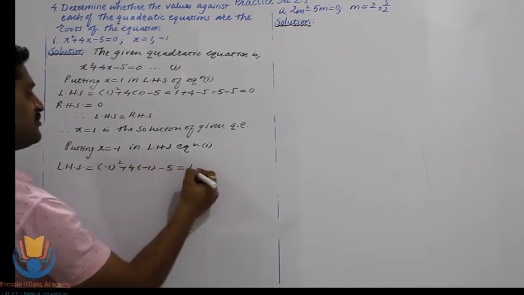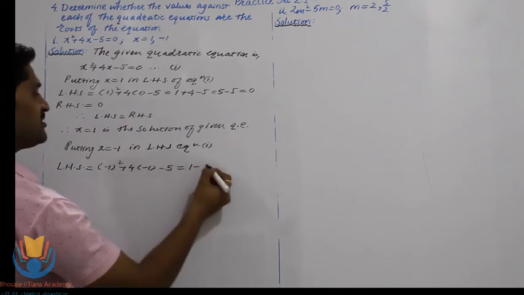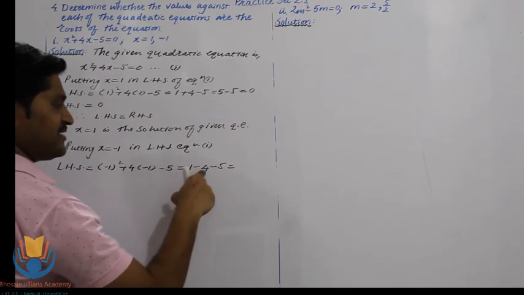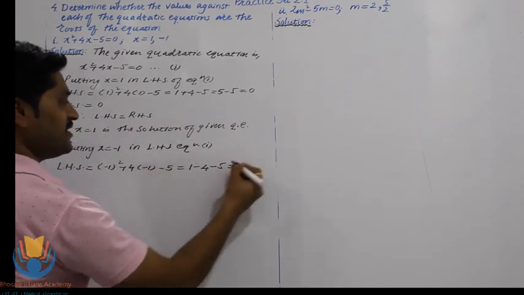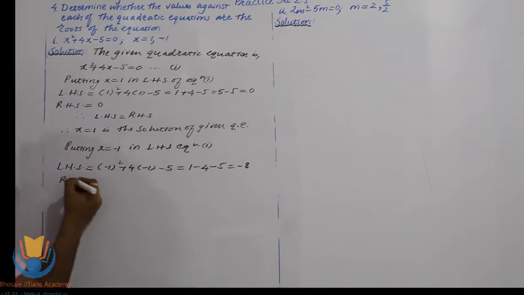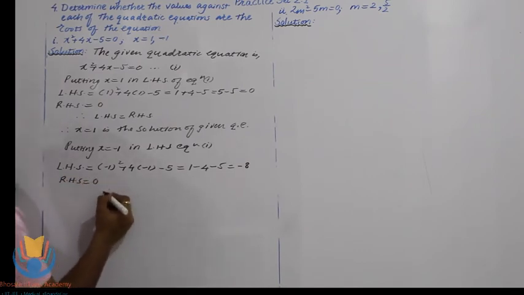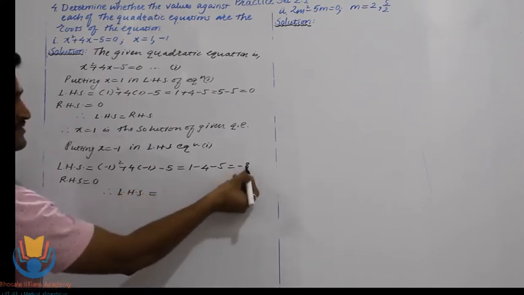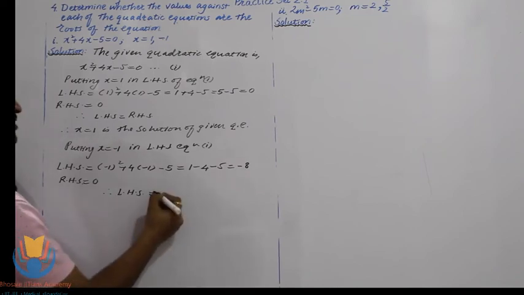So minus 1 square is plus 1, plus into minus is minus 4, minus 5. So 1 minus 4 is minus 3, minus 3 minus 5 is minus 8. Again we will copy the right hand side. That right hand side is already 0. So now we will compare this LHS and RHS, as this is minus 8 and this is 0. So they are not equal.